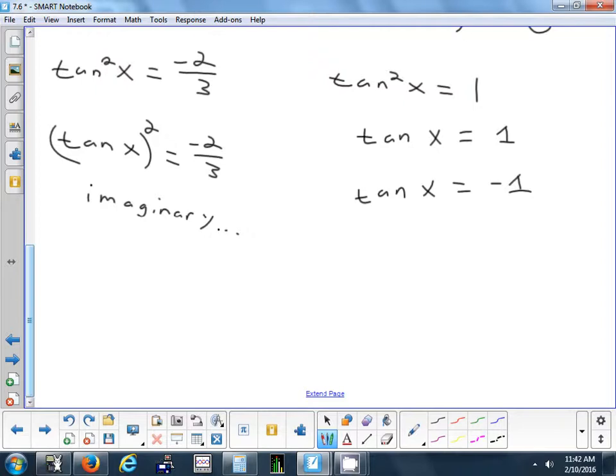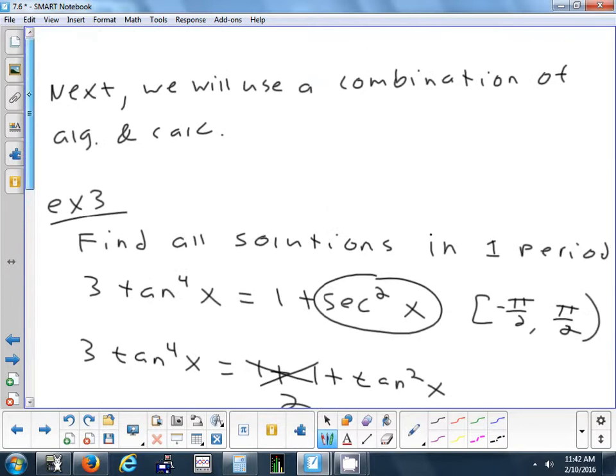There could be 4. There's 2 quadrants where tangent equals positive, and there's 2 quadrants where tangent equals a negative. So we could get up to 4 answers, but also keep in mind, we can only go from negative pi over 2 to pi over 2. If we get an answer outside that, we ignore it. I have a feeling these other answers are not going to be in the domain they're looking for.